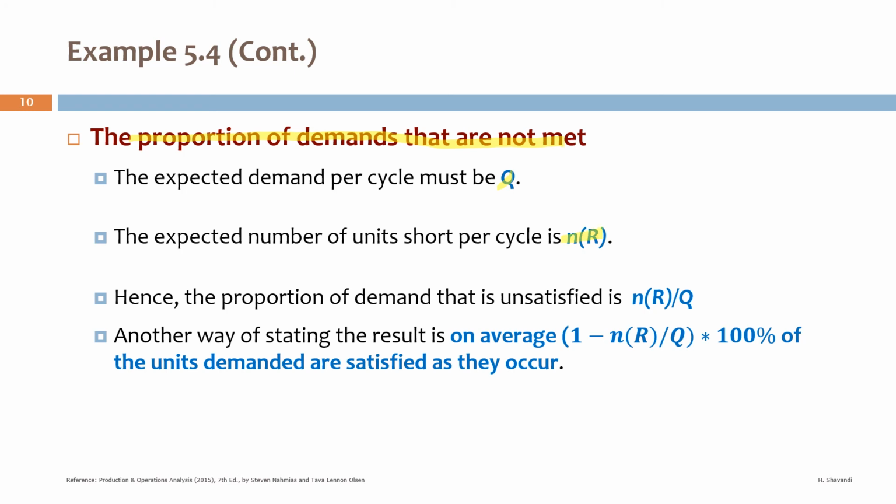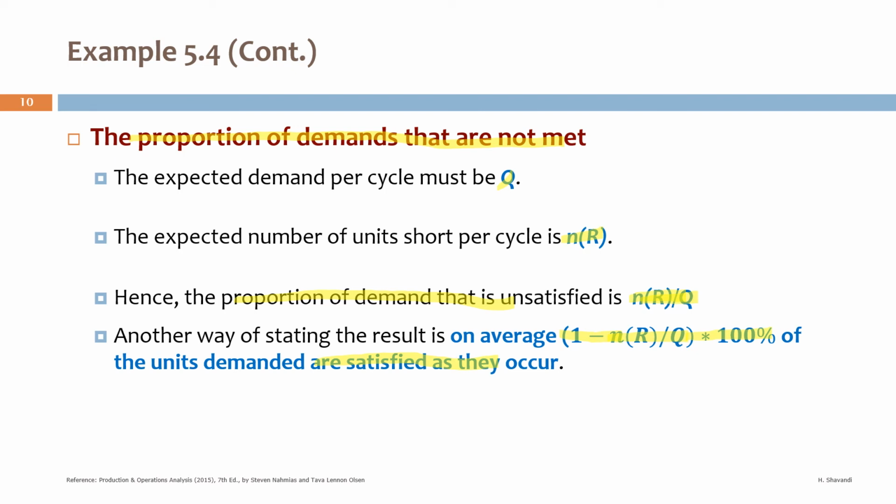So if we divide nr by Q, that will be the proportion of demand that is not satisfied. Or we can say (1 minus nr divided by Q) times 100 is the percentage of demand that is satisfied. This is called the service level.